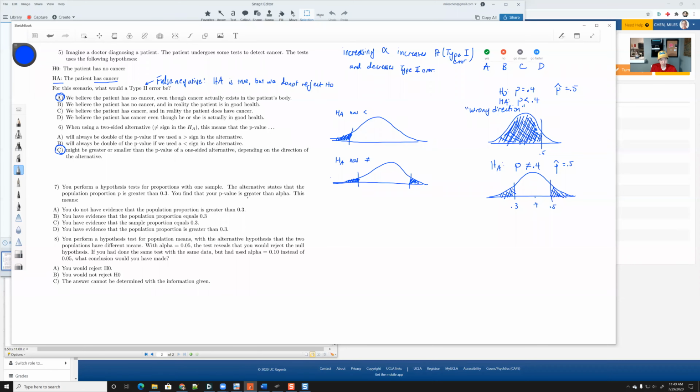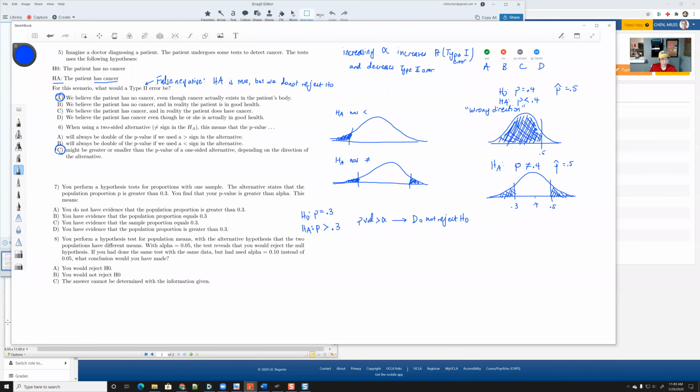So here you've got the null hypothesis, p is equal to 0.3, and the alternative, p greater than 0.3. Whatever my p-value is, it turned out to be greater than alpha. When we get something greater than alpha, that means we do not reject the null hypothesis, which states that p is equal to 0.3.